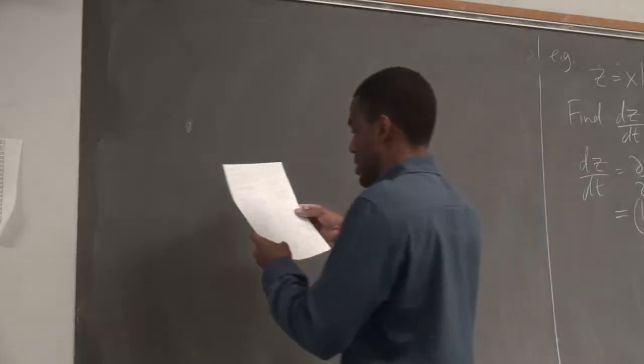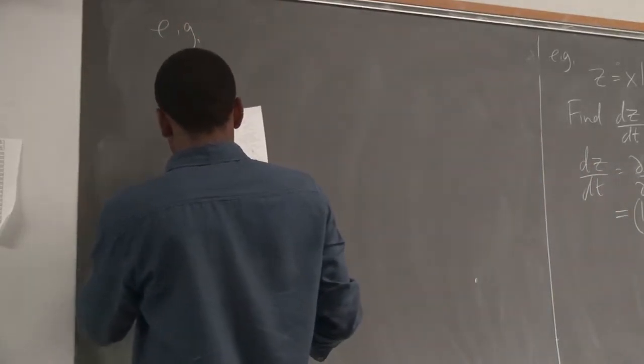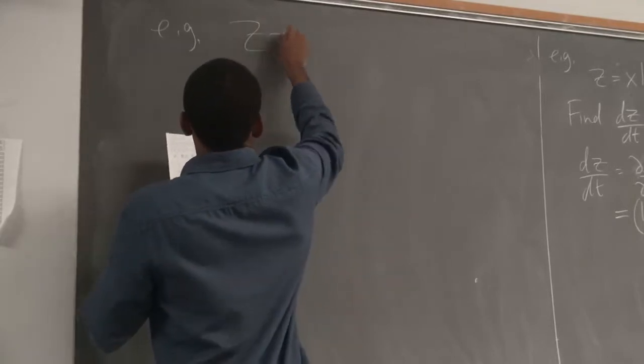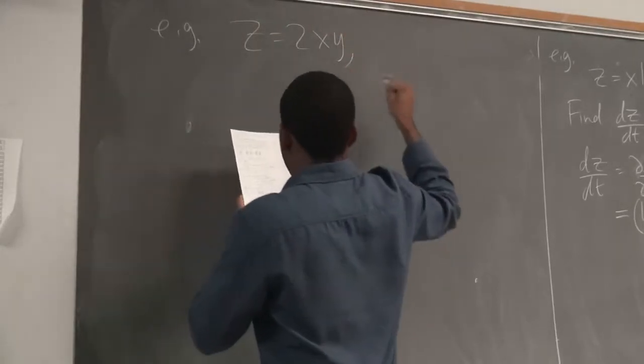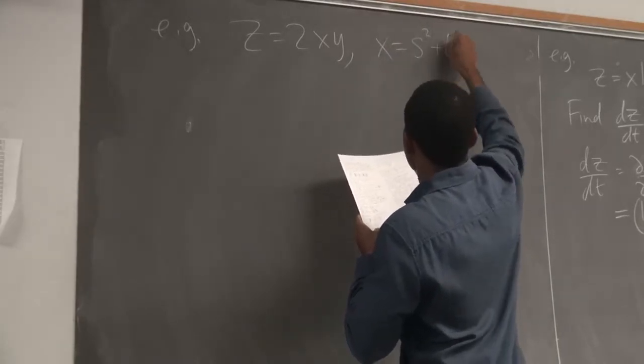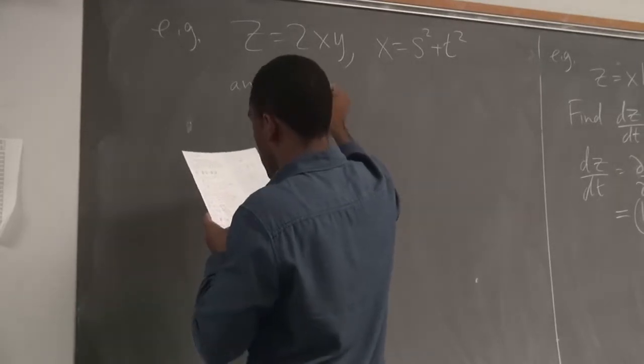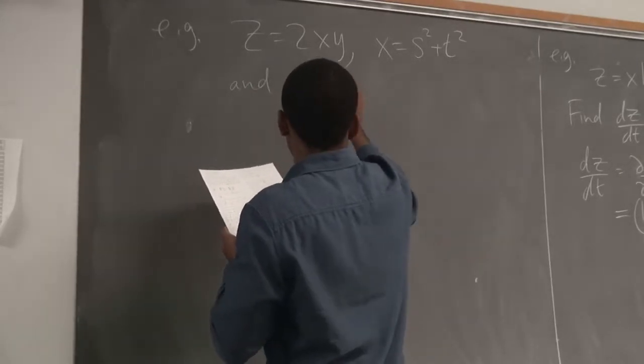So, example. z equals 2xy. But my x is actually s squared plus t squared, and y is s divided by t.